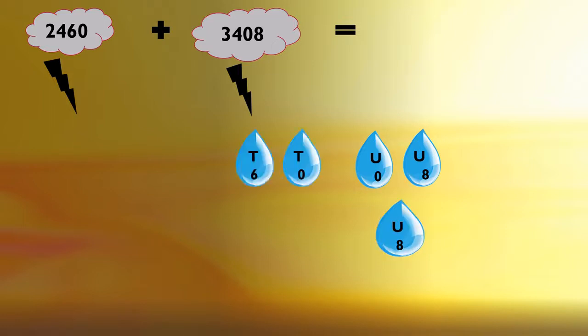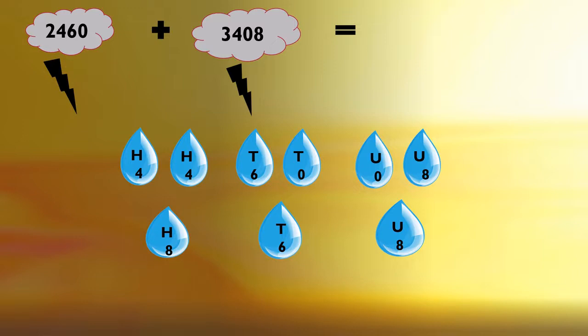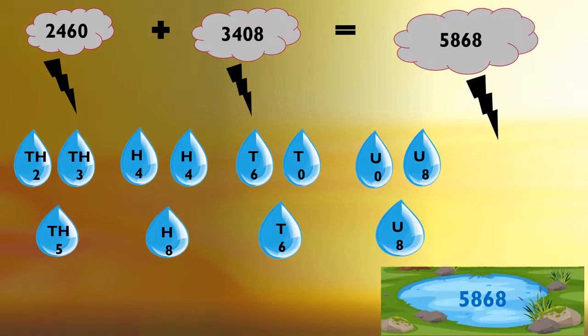Then in the tens place we have 6 tens and 0 tens. 6 plus 0 gives us 6. In the hundreds place, both the numbers have 4. So 4 plus 4 gives us 8. And in the thousands place, we have 2 and 3. So 2 plus 3 gives us 5.